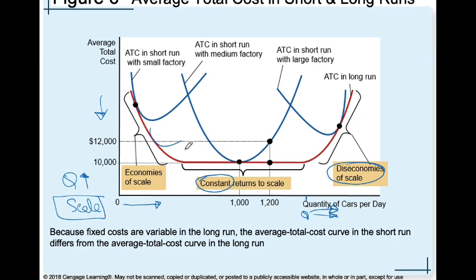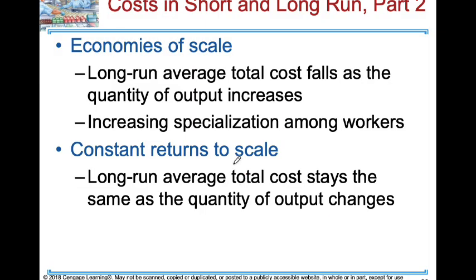Average cost curves can move along the long run average cost curve, and this is what it looks like. So with economies of scale, long run average cost curves fall, as we've discussed. And the reason for this is people are getting specialized in their specific domains during production.